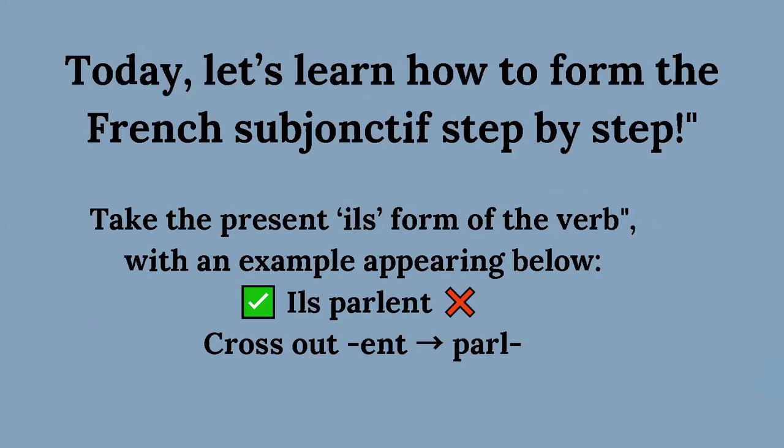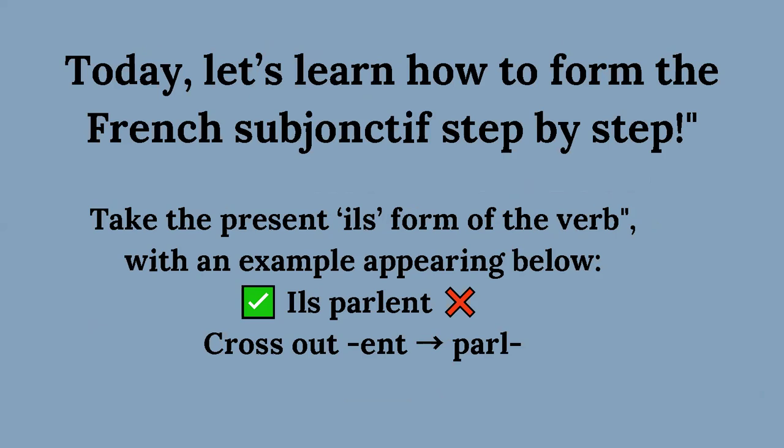Let us see the formation of subjunctive step by step. To form a subjunctive, we take the third person plural of a verb from the present tense. So the third person plural becomes ils, and whichever verb you pick, you take the third person plural present tense and remove the ENT ending.